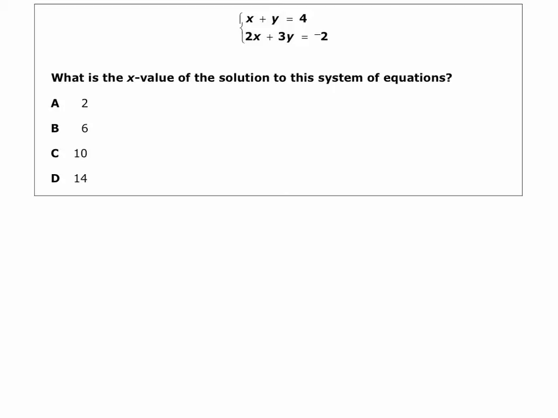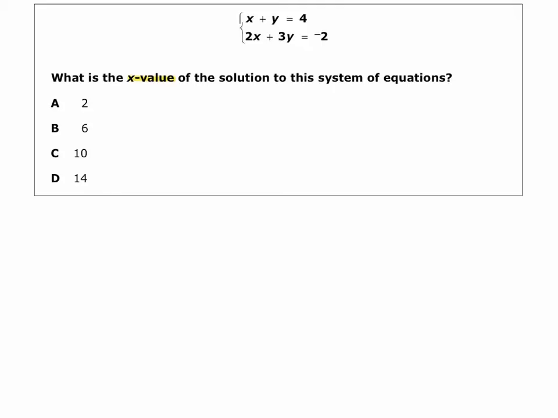This next example says, what is the x value of the solution of this system of equations? Now they want us to solve for x. To do that, I need to get rid of my y's and only have x variables left. The way that I'm going to do that for this equation is to use substitution.